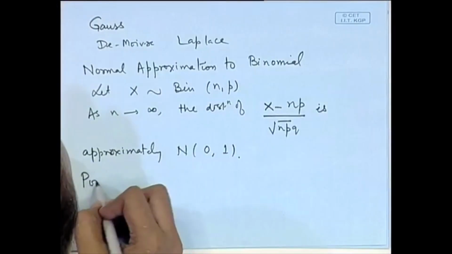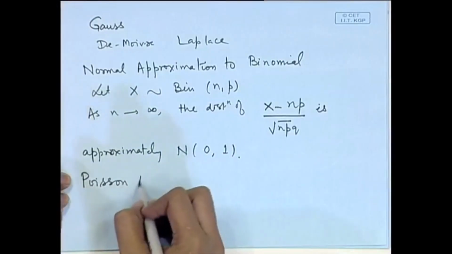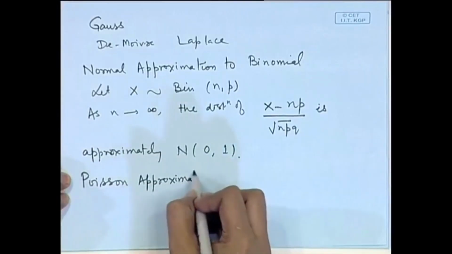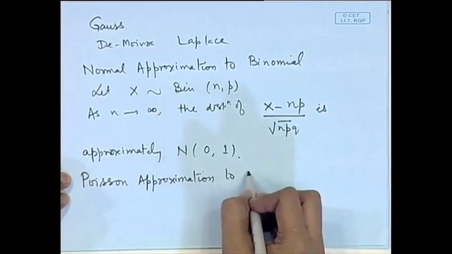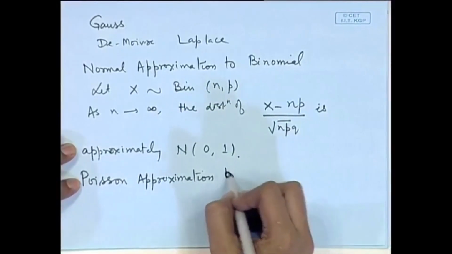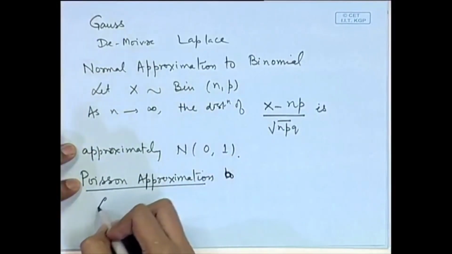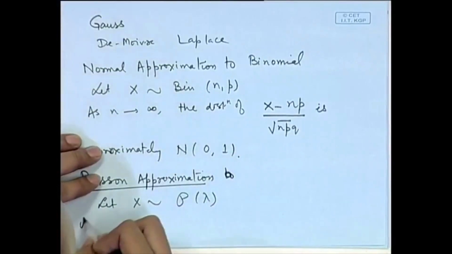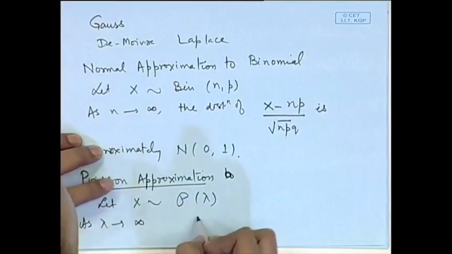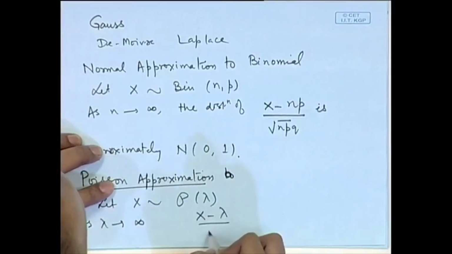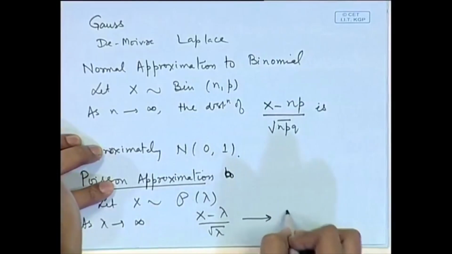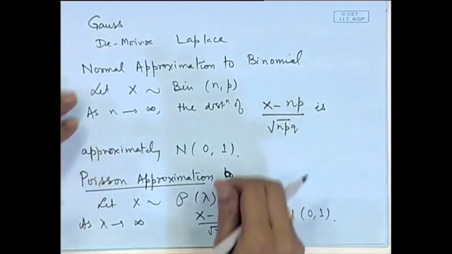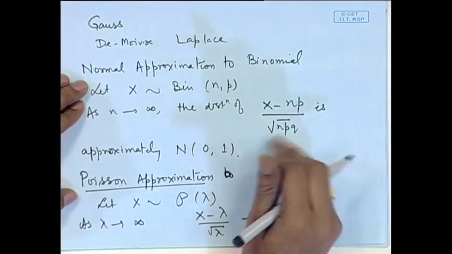Similarly, Poisson approximation to normal. So, let x follow Poisson lambda distribution. As lambda tends to infinity, x minus lambda by root lambda converges to normal 0, 1. Basically, these were the original central limit theorems.